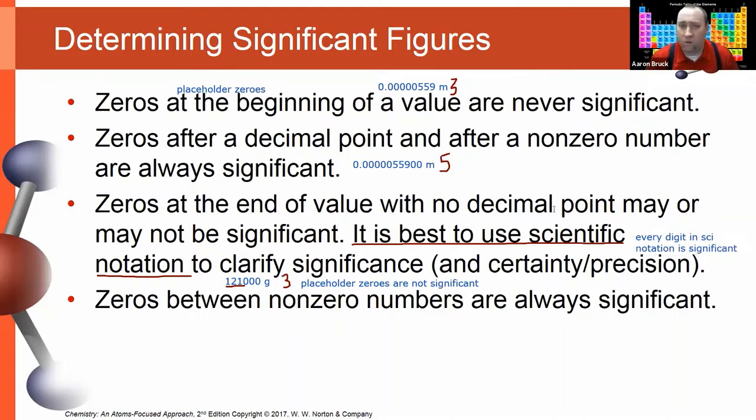Important thing to know. Make sure that you've got that written down somewhere. Every digit in scientific notation is a significant digit, which means that you need to handle those properly.